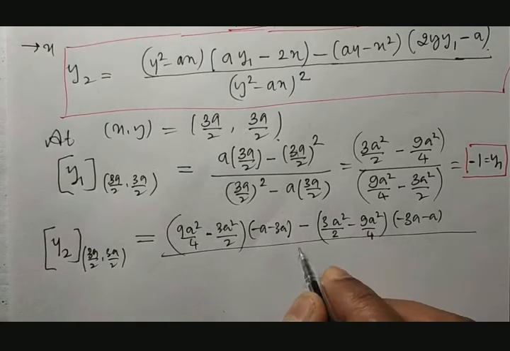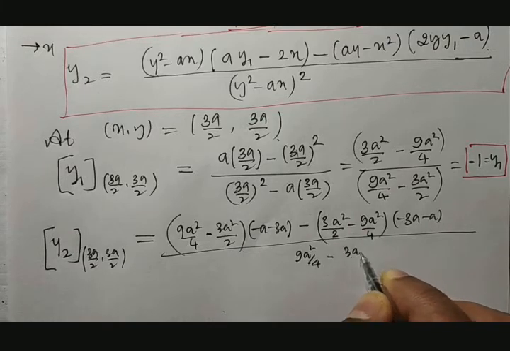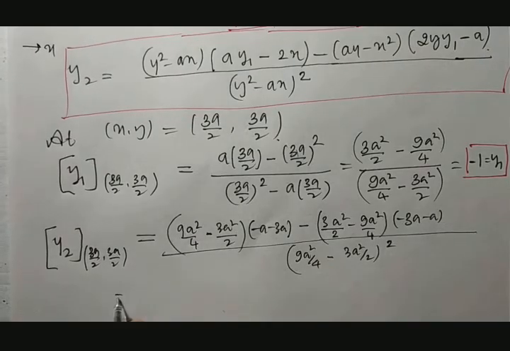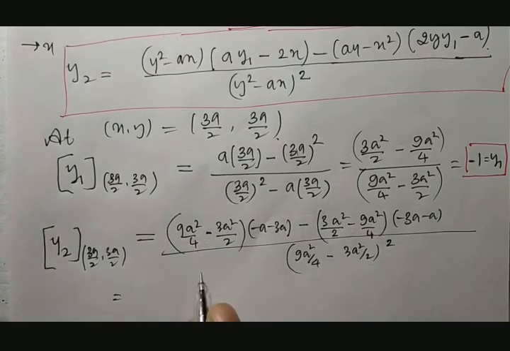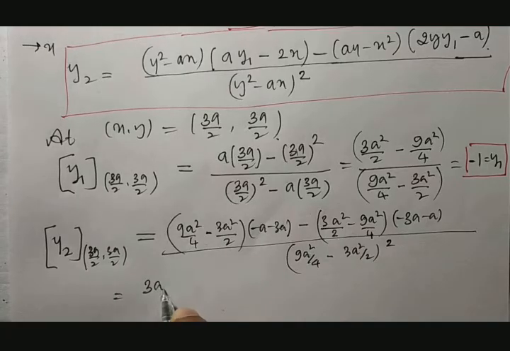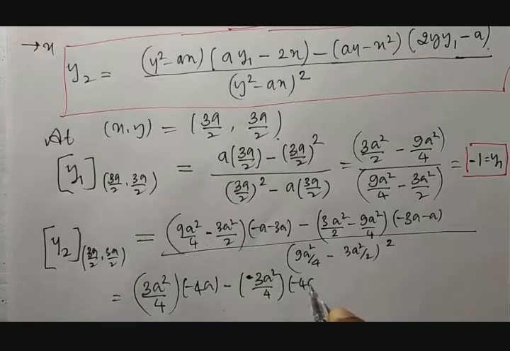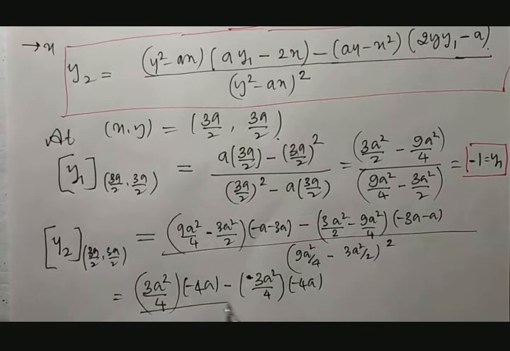This whole thing divided by 9a square by 4 minus 3a square by 2 the whole square. That will be equal to, as per our calculation, 3a square by 4 into minus 4a minus of minus 3a square by 4 into minus 4a. This whole thing divided by 3a square by 4.